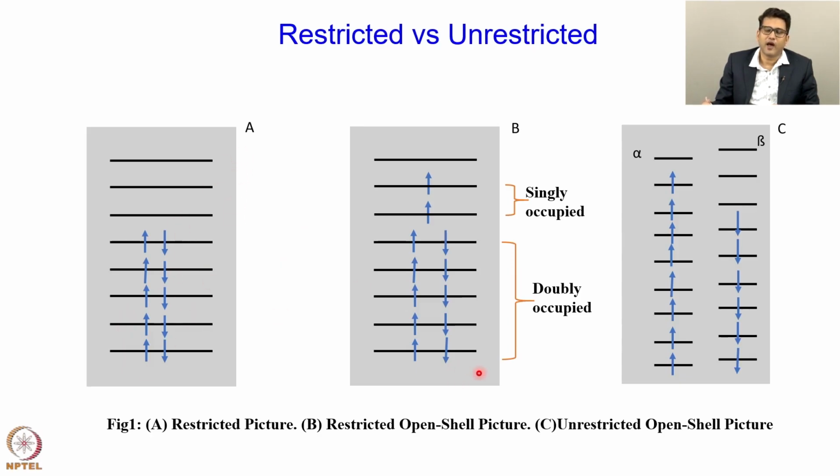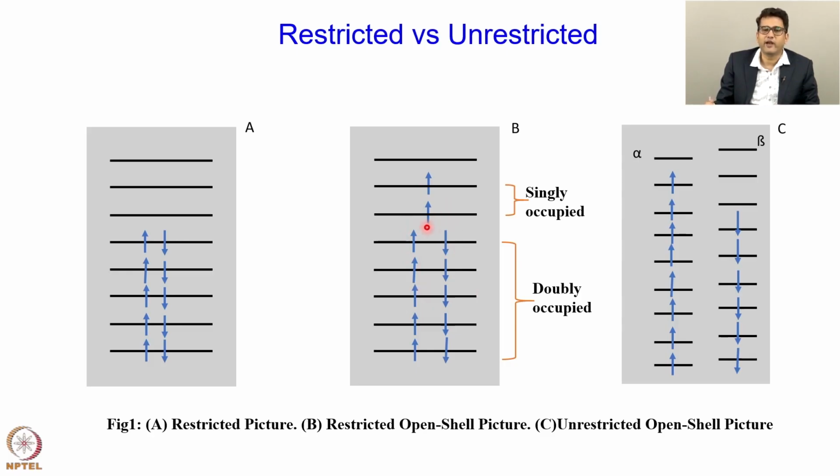In the case of the unrestricted picture, my alpha and beta electrons have different spatial parts, and even their numbers are different. Whereas restricted open shell is something in between, where the electrons which are paired are doubly occupied in an orbital where the spatial part is the same, and then there is a different set of singly occupied orbitals.